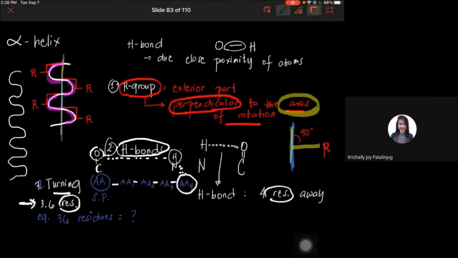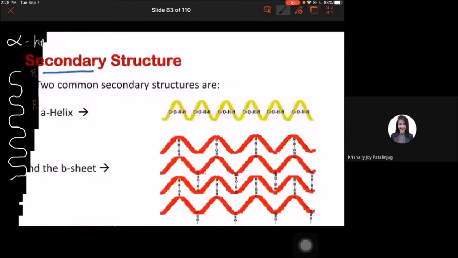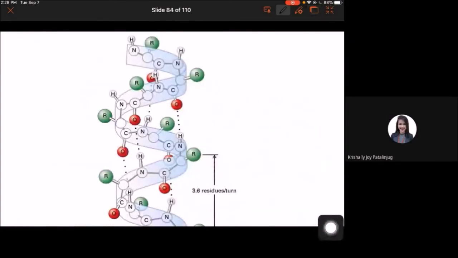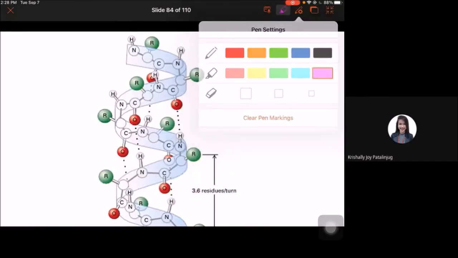So, try naman natin ngayon i-apply all these characteristics of alpha helix that is mentioned. Balik tayo sa figure, sa unang figure. In this figure, as you can see, focusing more on hydrogen bond.